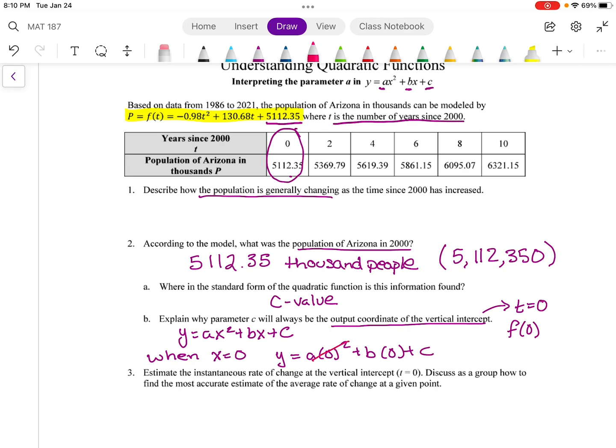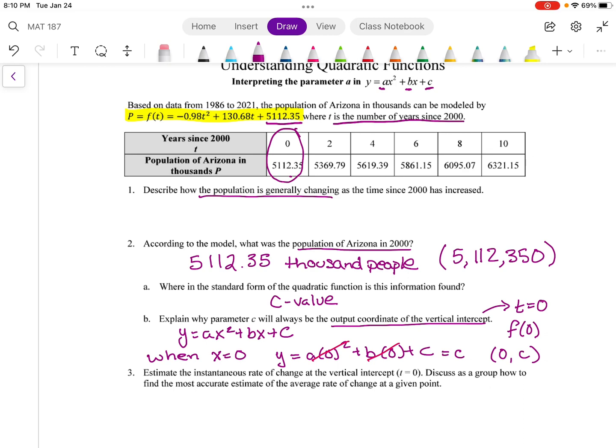Both of those 0 terms go away to nothing, and I'm left with just c. So whenever I plug in 0 for x in a quadratic in standard form, I'm going to wind up with the point (0, c).